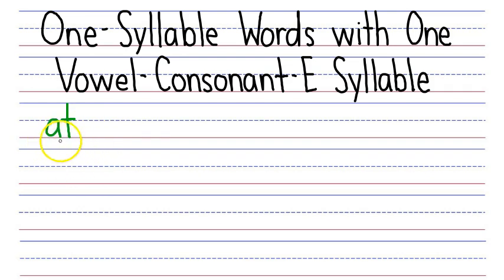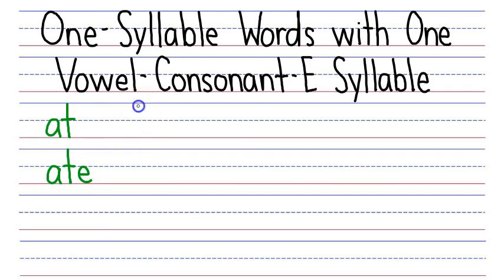That's a closed syllable, where the consonant letter T is closing in the A and making it make a short sound. And so, to make ate, we have to add the silent final E. And now that E is telling the A to make its long sound, A, T. So this is at, and this is ate.